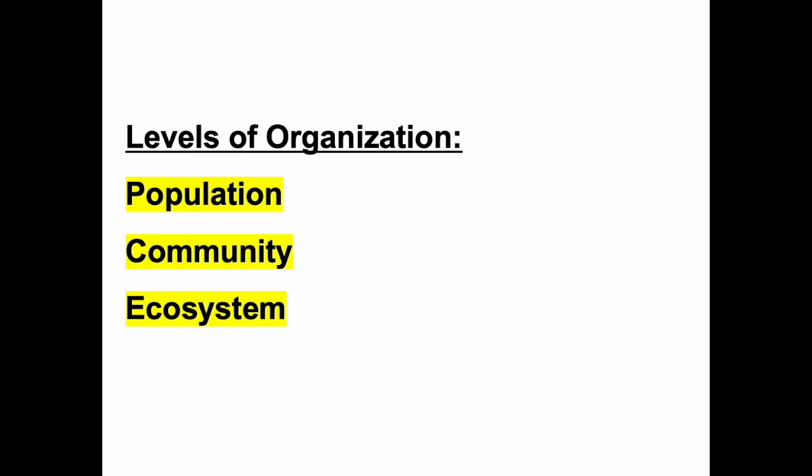There's a couple more. Ecosystem. So the key terms definition of ecosystem is all of the living things in a particular area together with the abiotic or non-living parts of that environment. So what do I mean by non-living parts?